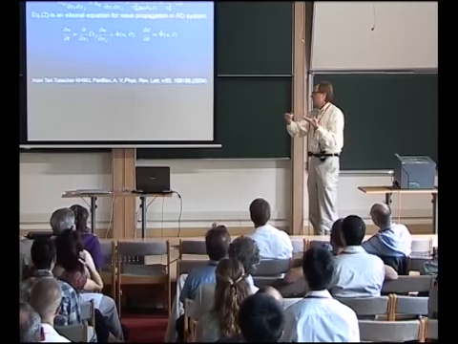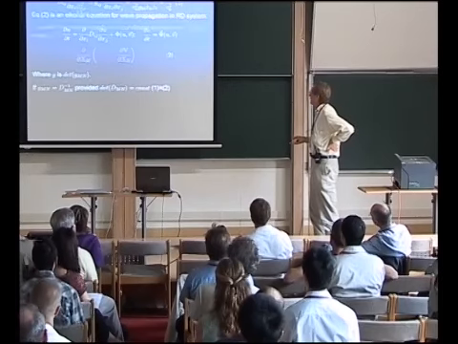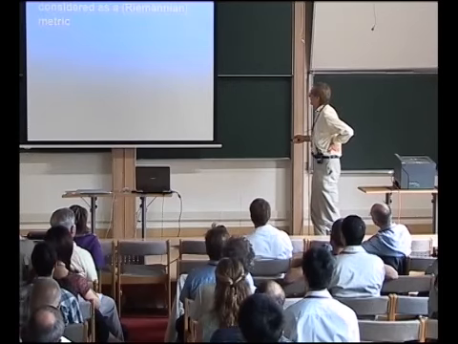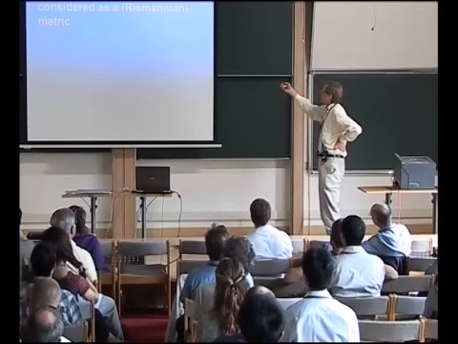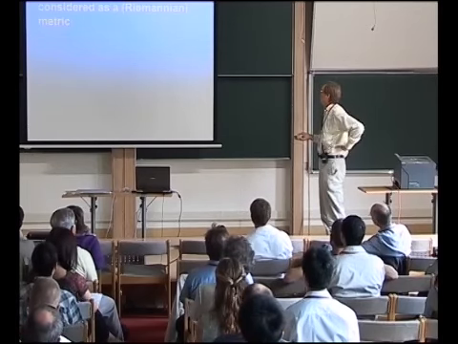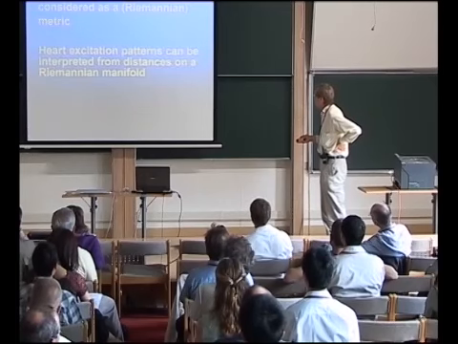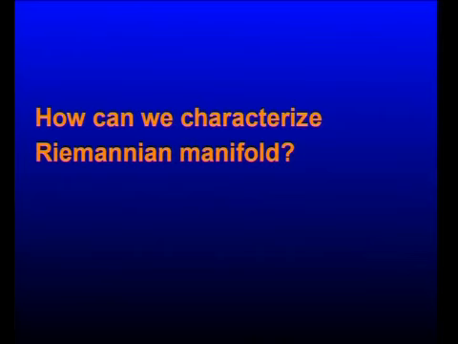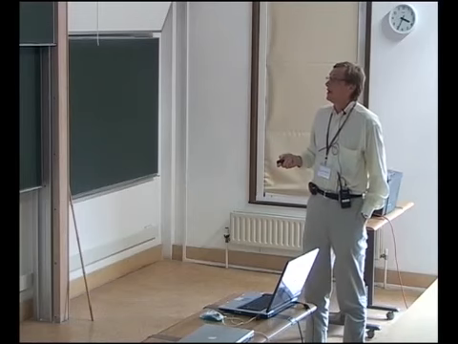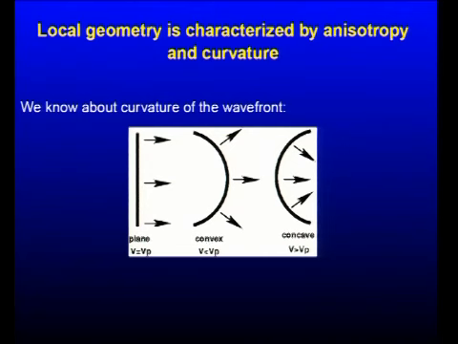What we did in our paper was show that this abstract space, which was used for filaments, is actually nothing else than a space of arrival time of the wave, and therefore it can be used not only for filaments, but for waves as well. So we can consider this cardiac anisotropy as a kind of metric space, Riemannian metric. And then there is a question: how can we characterize it? What can we do with that?